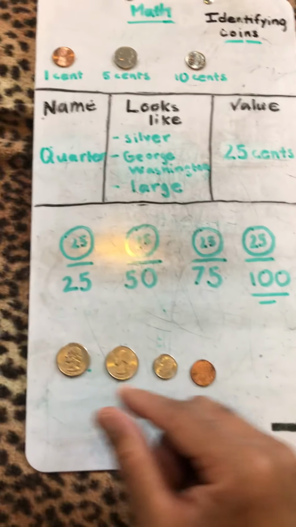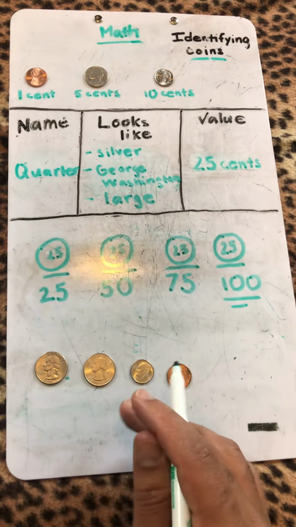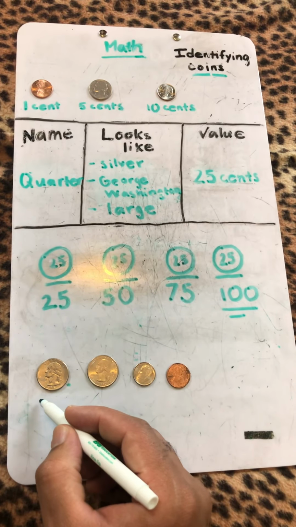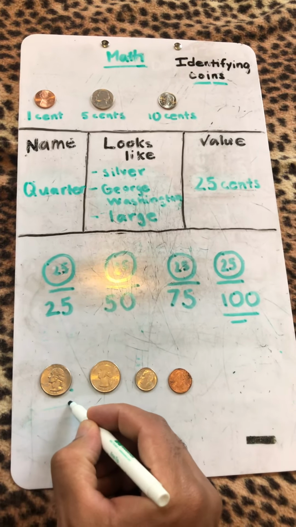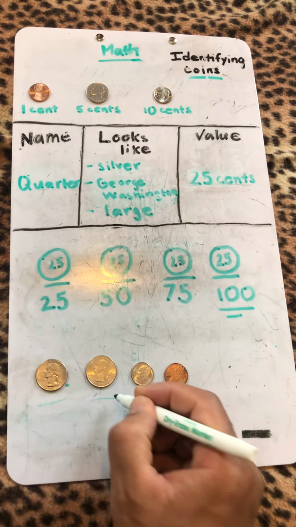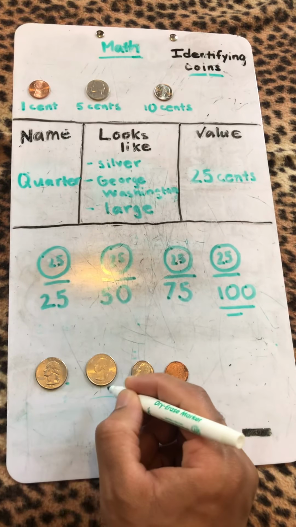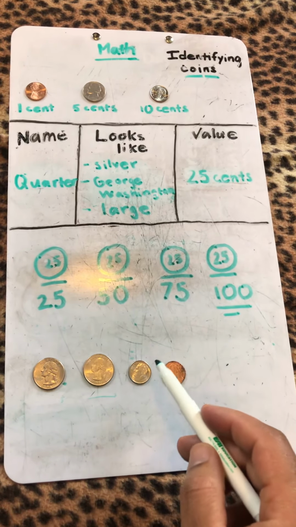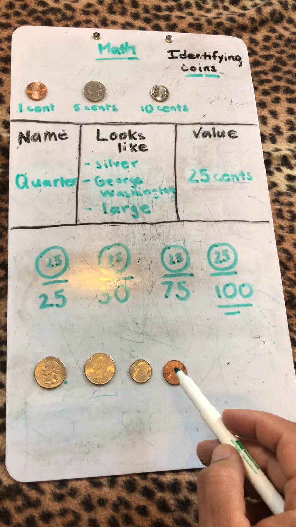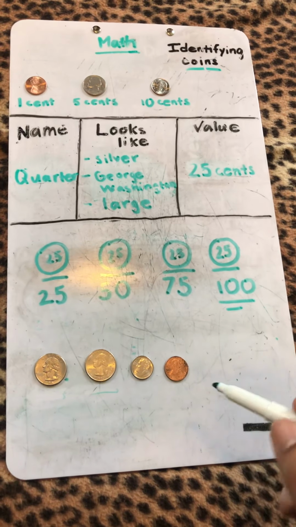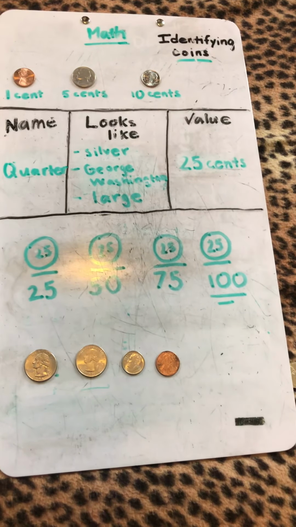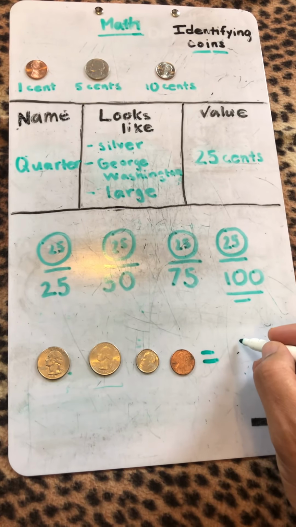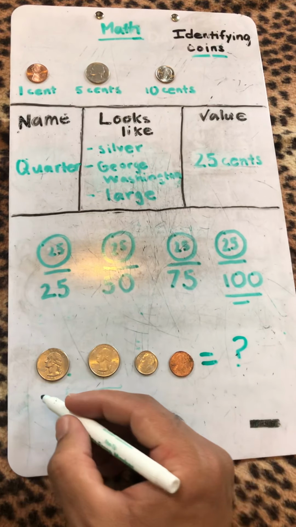And I want for you guys in a private message on this assignment to tell me the value of these coins together. Remember, we know how to skip count for our quarters, right? So think about having 2 quarters. Then we're going to add the value of a dime and a penny. You guys are going to, again, leave me that private message. Tell me all together what is going to be the value of these 4 coins.